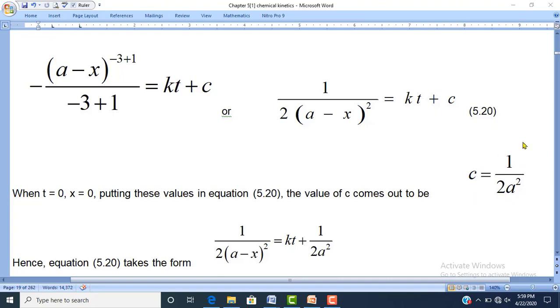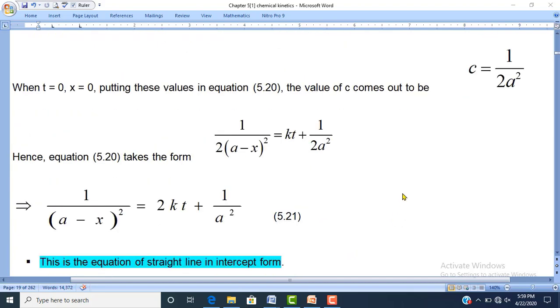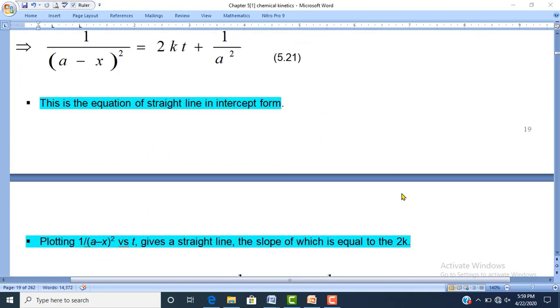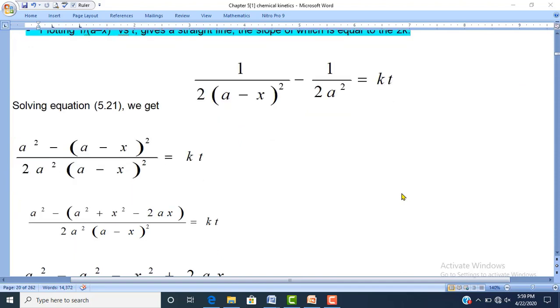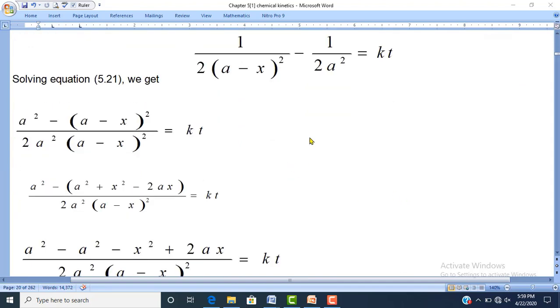When we put this value of c back into equation 5.20, we get 1 over 2 into a minus x square is equal to kt plus 1 over 2a square. Dear students, after rearranging the equation, we will apply a simple mathematical tool, taking the LCM, then taking the algebraic formula that a minus b square is equal to a square minus 2ab plus b square.